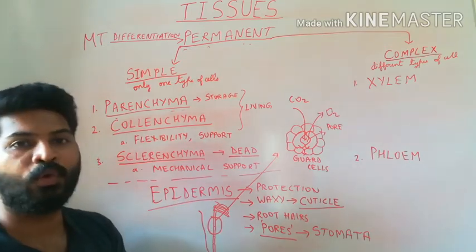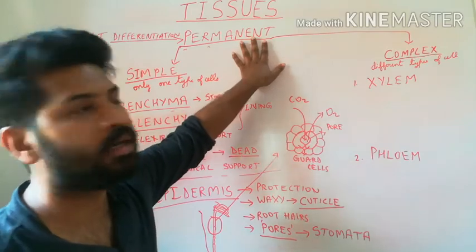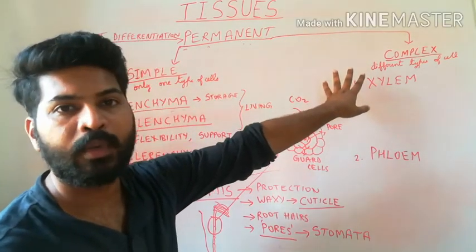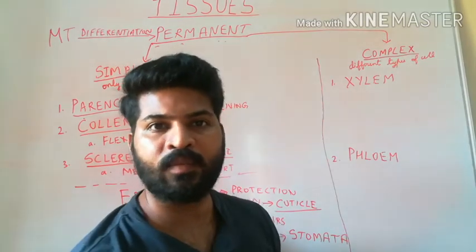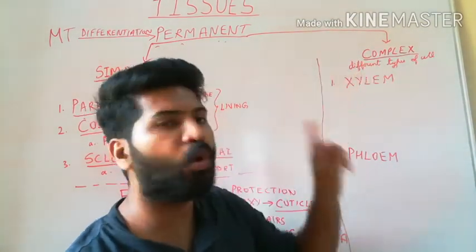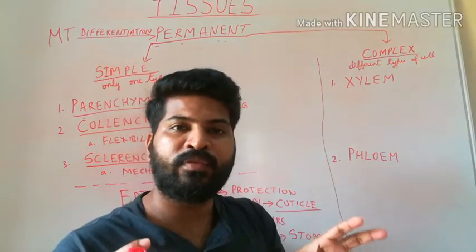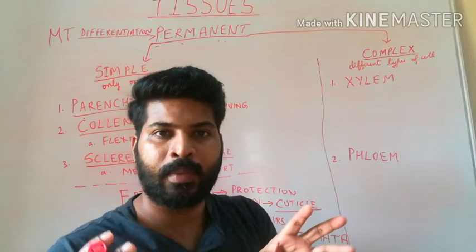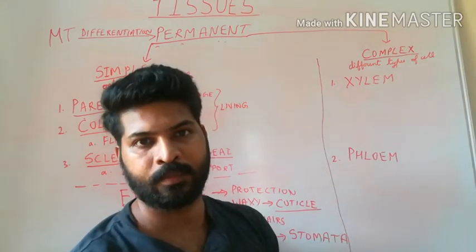Let us now move on to the second type of permanent tissues, which are complex permanent tissues. As the name itself suggests, complex, they are made up of more than one type of cells. These are of different shapes, but they come together and perform the same function.